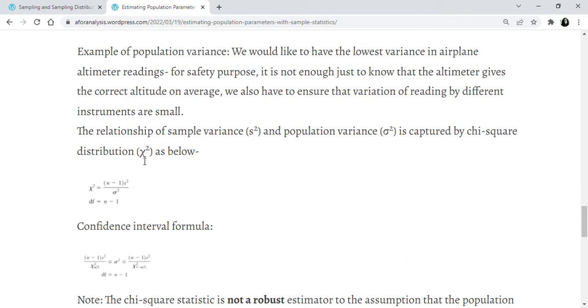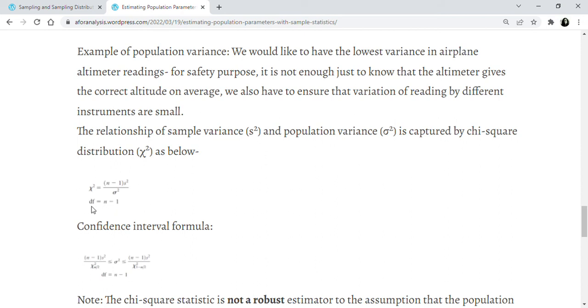This letter is known as chi, and this is chi-square. The chi-square distribution is used to estimate population variance from sample variance. This is the point estimate formula, where chi-square is equal to n minus 1 into S square by sigma square.